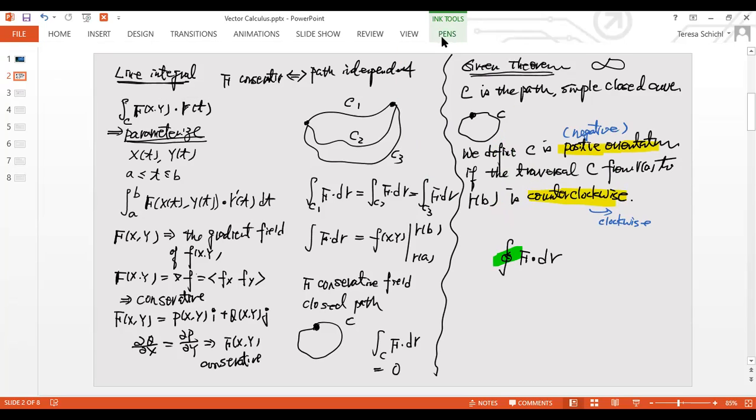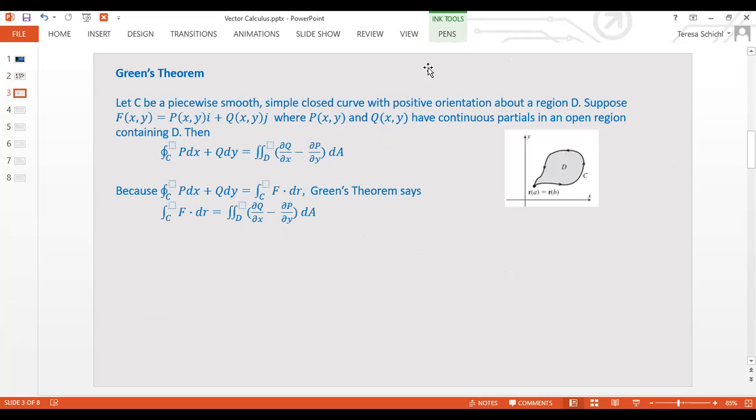Now let's take a look at what Green's theorem is. This is kind of the basic definition. Let's mark some key points.